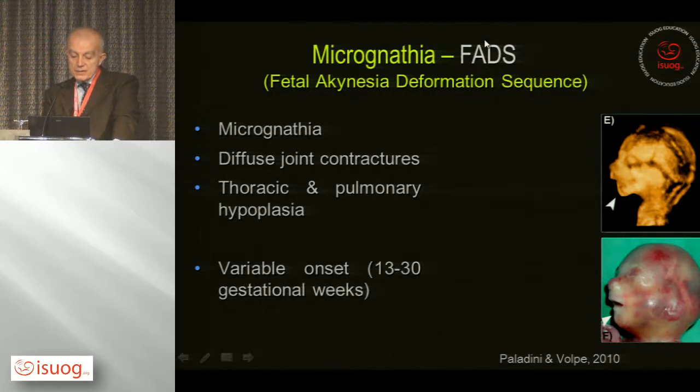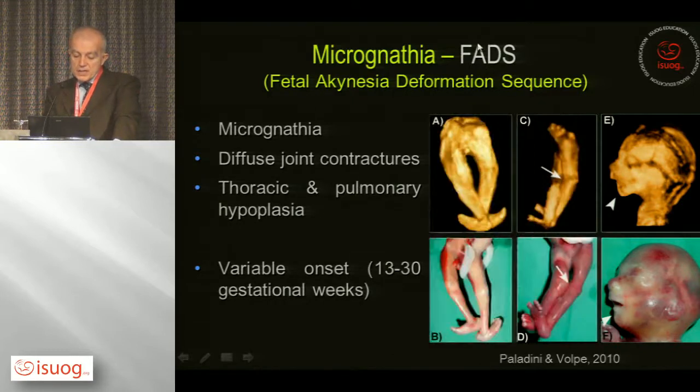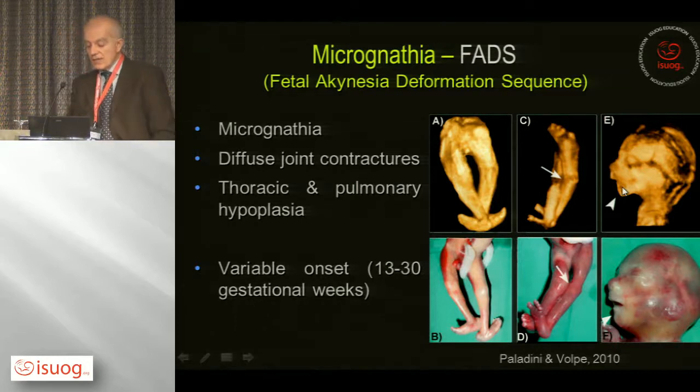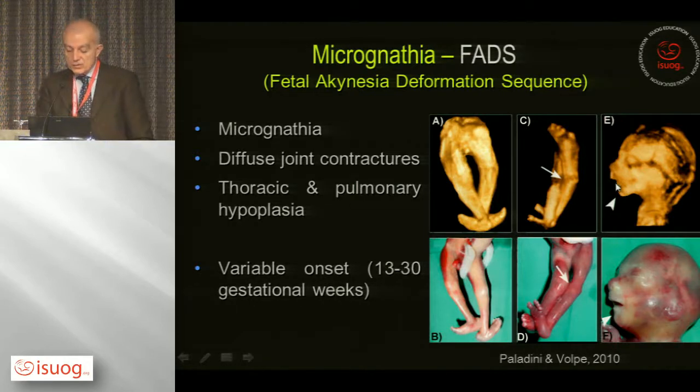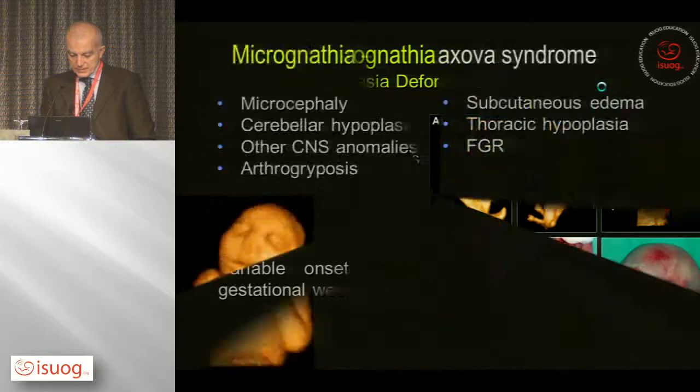the most common of which is fetal akinesia deformation sequence, in which you have a complete paralysis of the whole fetus, all muscles across the body. And this paralysis involves, of course, the masseter, and this is why these babies do not develop the mandible here, and in later gestation they may also have microstomia because also the orbicular muscles of the mouth are paralyzed.